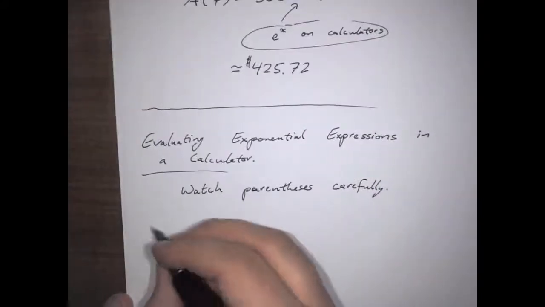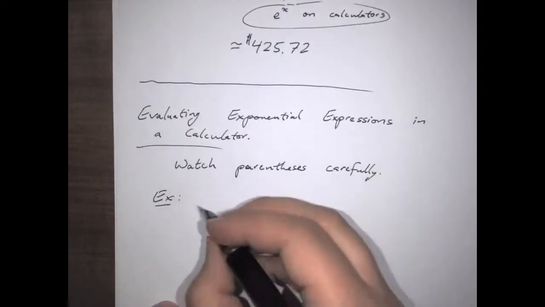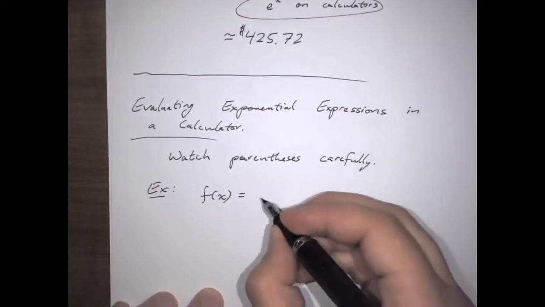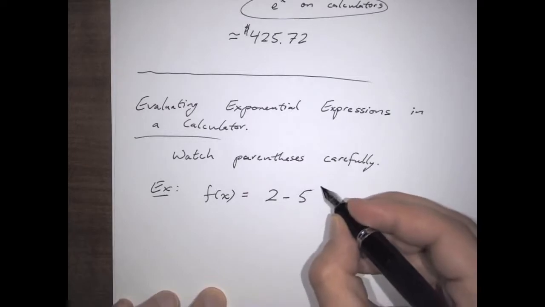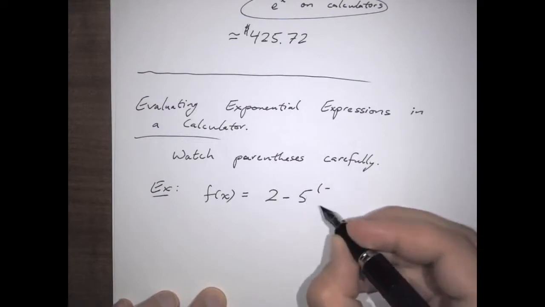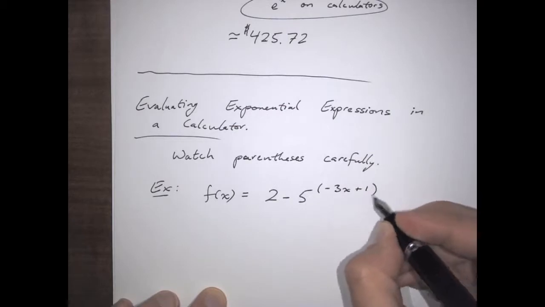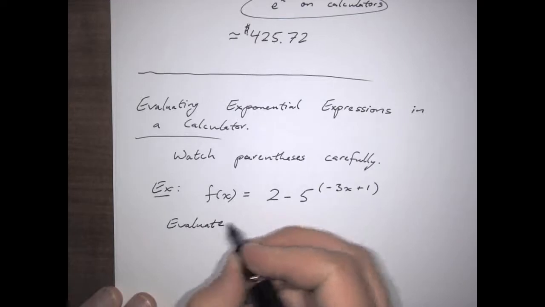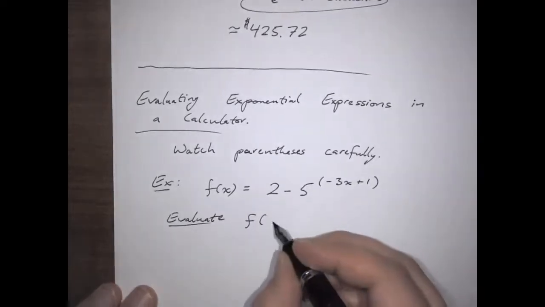So for example, let's say f of x is equal to something like 2 minus 5 to the power of negative 3x plus 1, and we wanted to evaluate f of, let's say, negative 2.